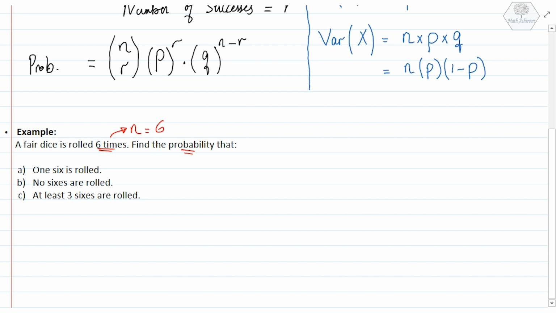We need to find the probability that, let's start with part A, one 6 is rolled. So the number of trials is 6. Number of successes I want is one 6, so R is equal to 1. Also, I need to figure out the probability of success.